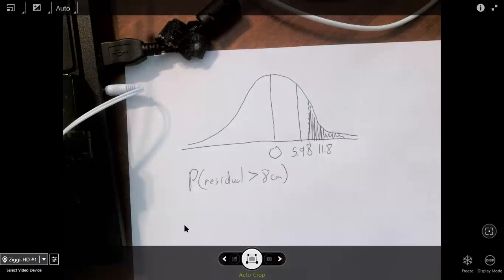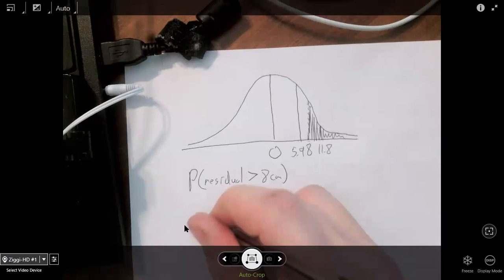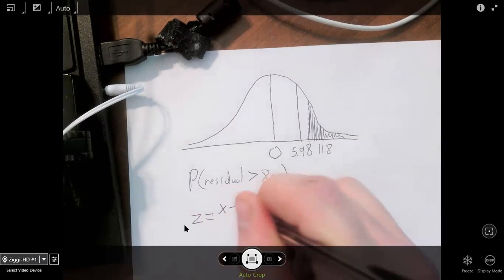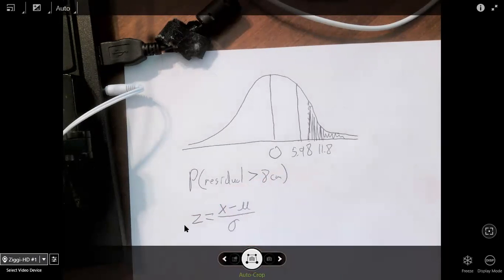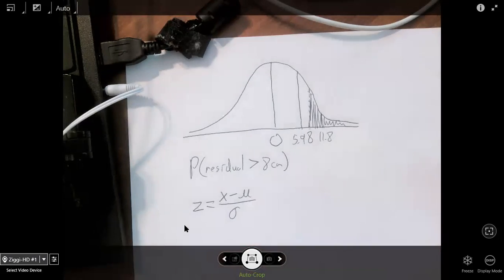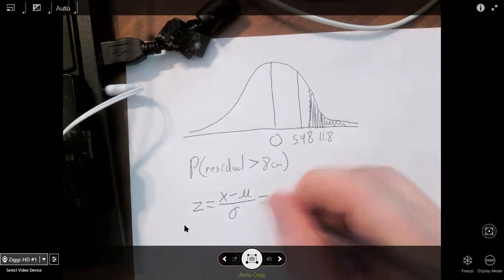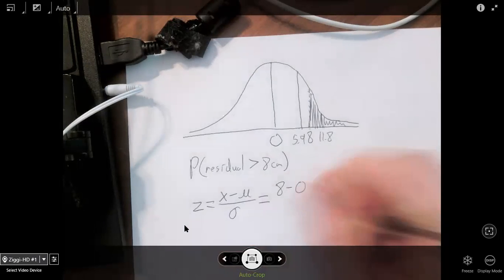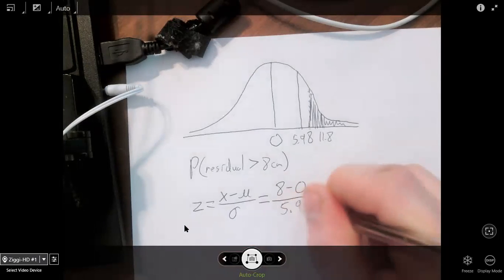Z-score? Z-score, thank you, Adrian. Yep, so the Z-score formula is X minus the mean divided by the standard deviation. If you show the work with the Z-score, then you're going to get credit for telling them, hey, I know what the mean is, and hey, I know what the standard deviation is.